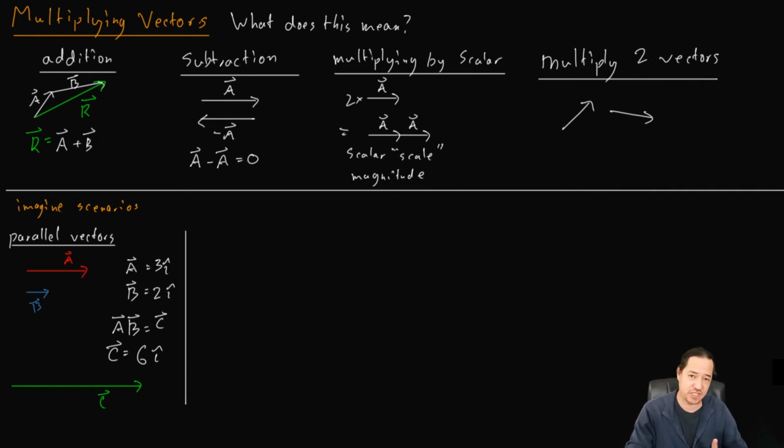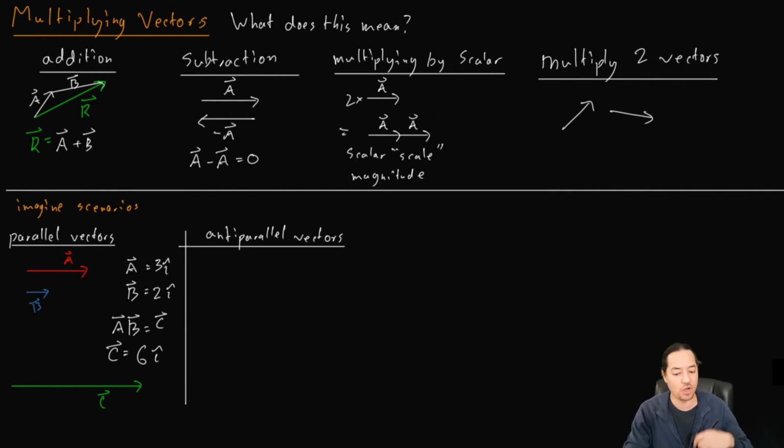Let me take this scenario and tweak it a little bit, make it a little bit less simple. What I want to do is now consider if we have antiparallel vectors. What does this mean? Well, it means we have the same vectors as before, but now they're facing in opposite directions, right?